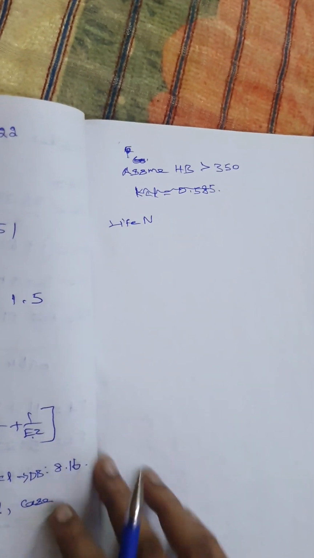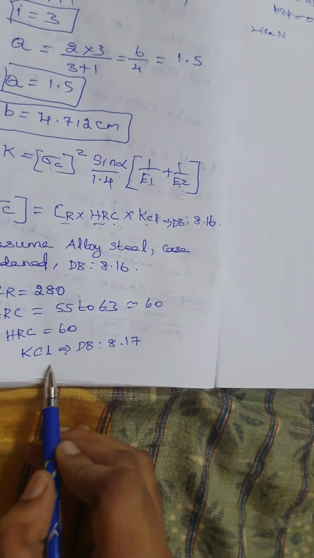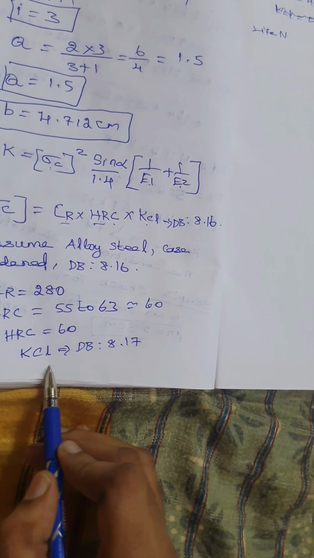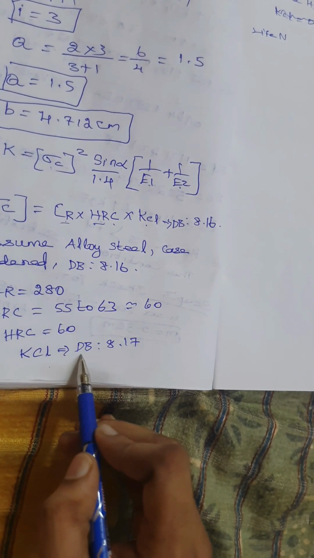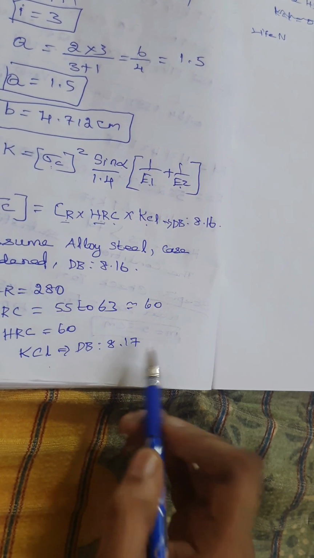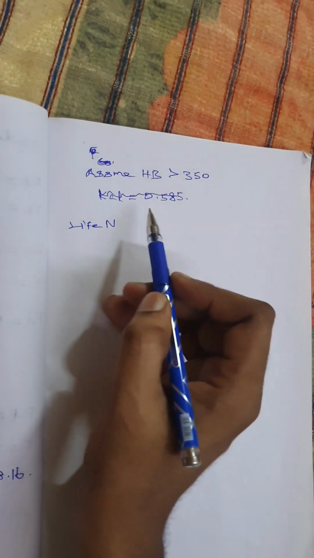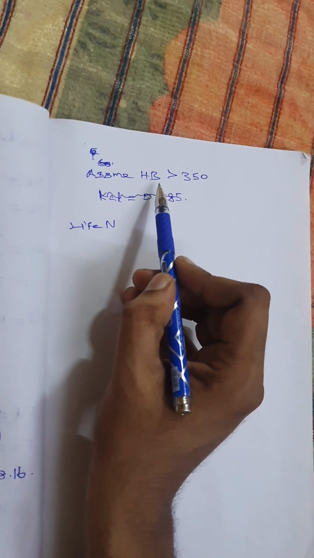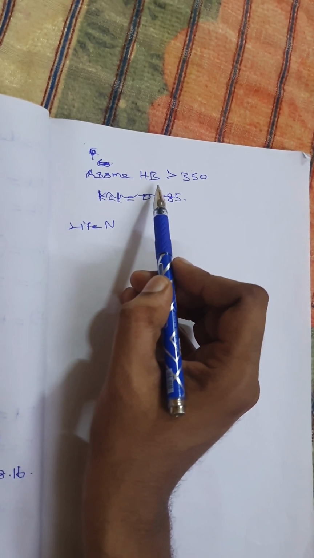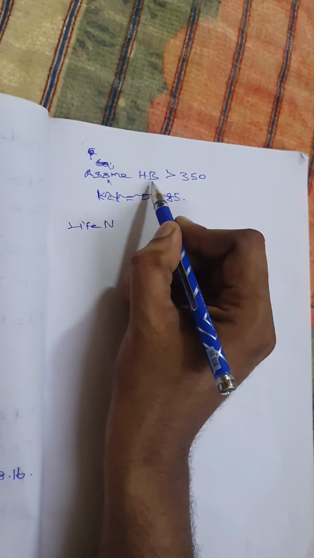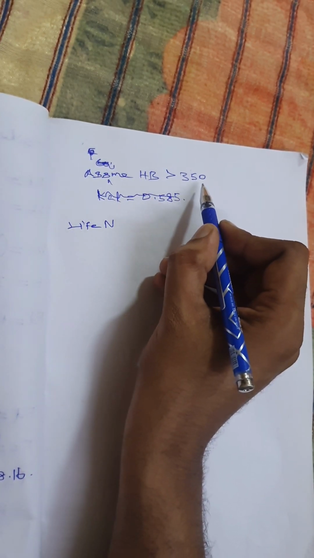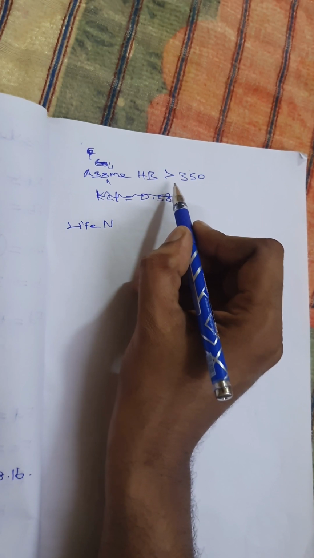For calculating the value of KCL, we go to data book page 8.17, where a tabular column is given. In the tabular column we have to assume the surface hardness is greater than 350 because it is not given in the question.